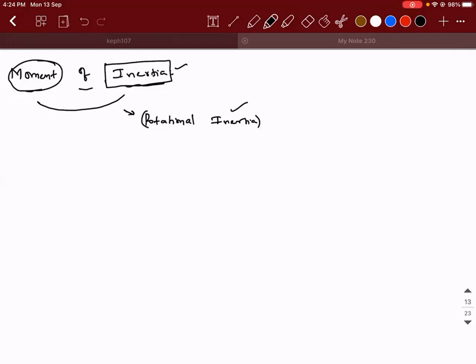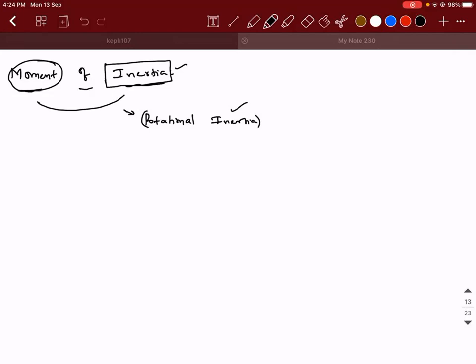So if there is an object which is opposing the torque, listen to this question. If there is an object which is resisting the torque applied to it, what will torque do? Torque will put the object in rotational motion. So if an object resists the torque applied to it, then that object is said to have rotational inertia or moment of inertia. Means the resistance offered by an object to the torque applied on it is what we call moment of inertia.